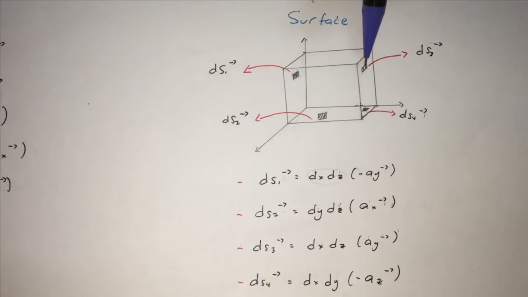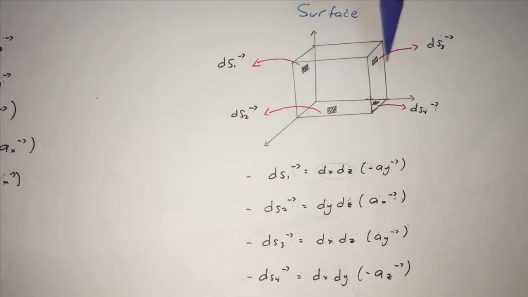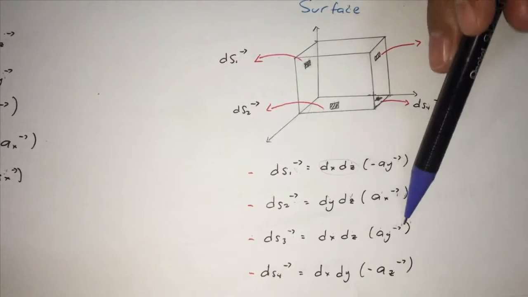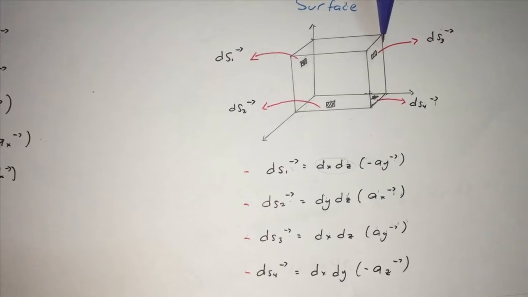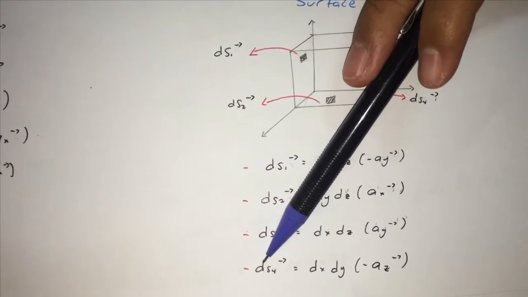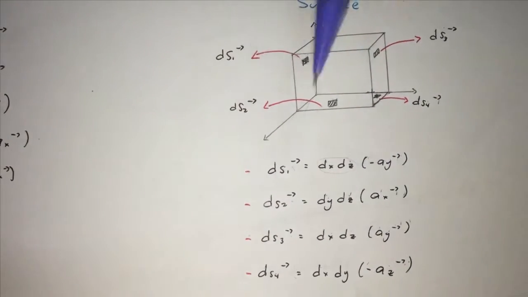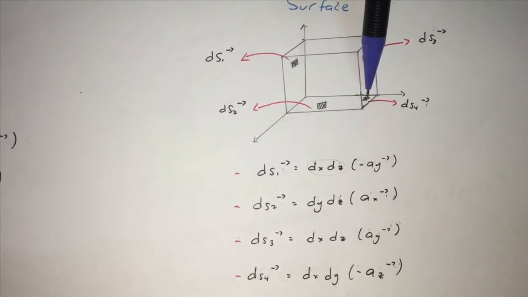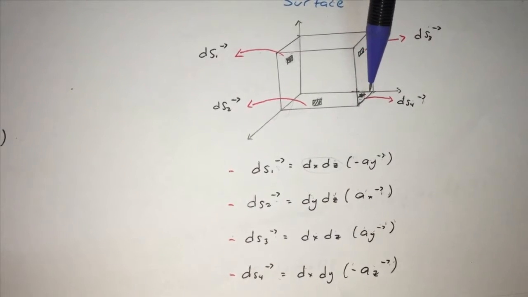This point is on y plane, so we get positive ay direction because it is on the positive infinity side. For the last, surface 4, dx dy negative az direction. We get this because it is on z.